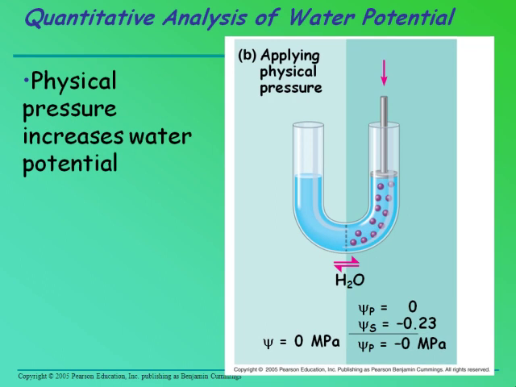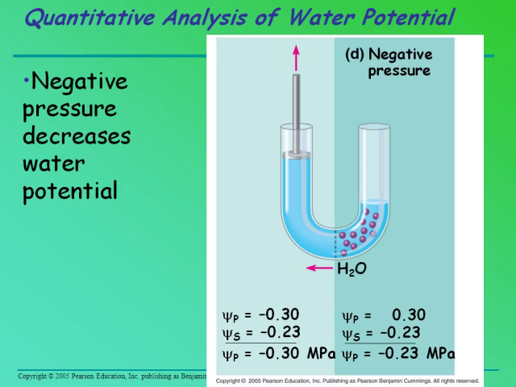So here, positive pressure increased, this symbol right here, on the right raises the water potential on the right, making it the same in both arms. Okay, so it's the same, so eventually there is no water movement.